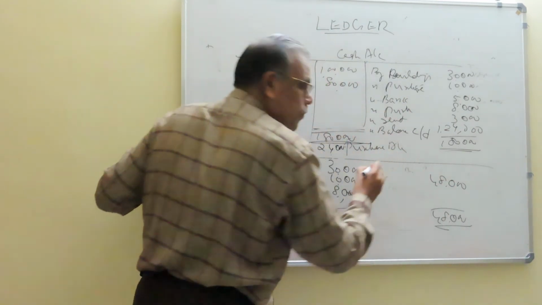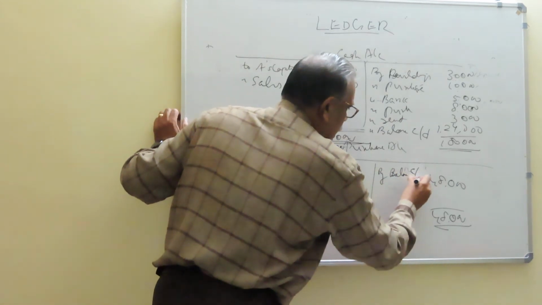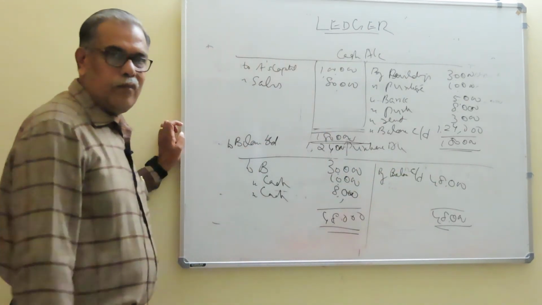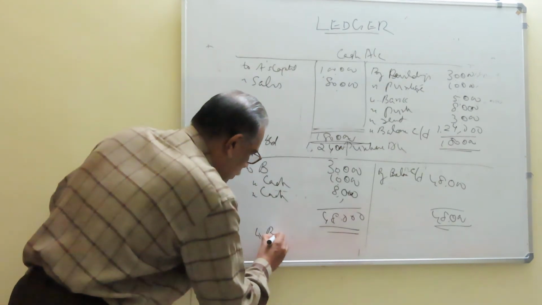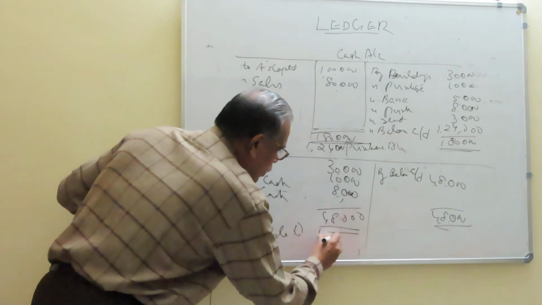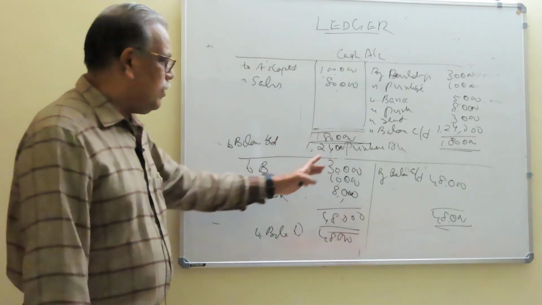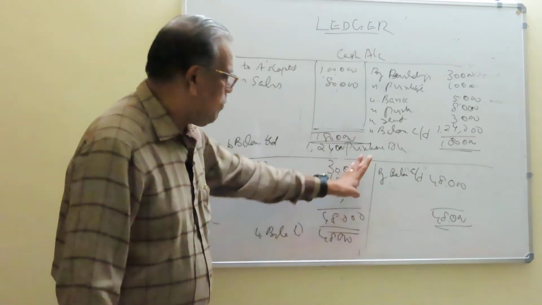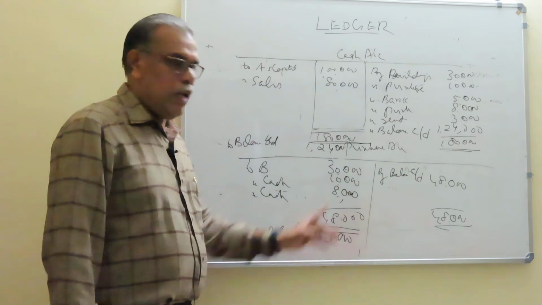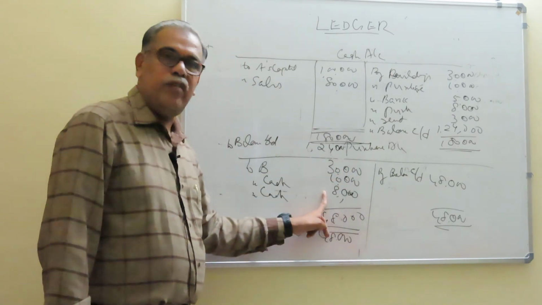Here we will write by balance carried down, and to balance brought down 48,000 rupees if you balance it. But normally this purchase account will be transferred to another account, which we'll see later. So for the time being, the purchase account is balanced. Now the purchase account has a debit balance because the debit side is heavier.